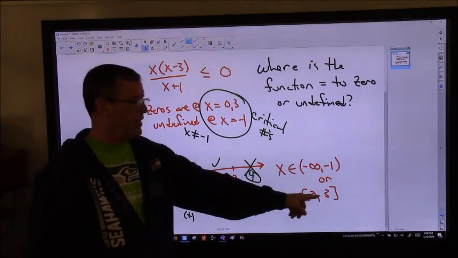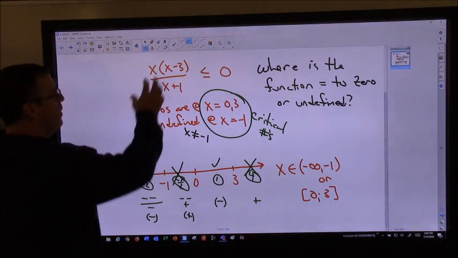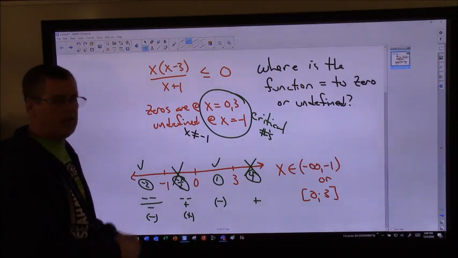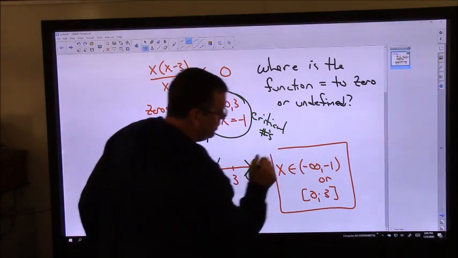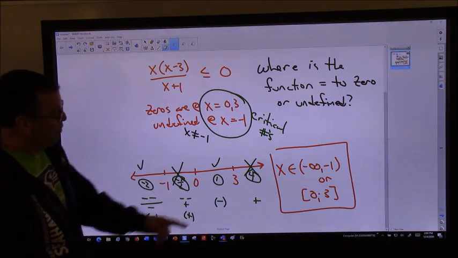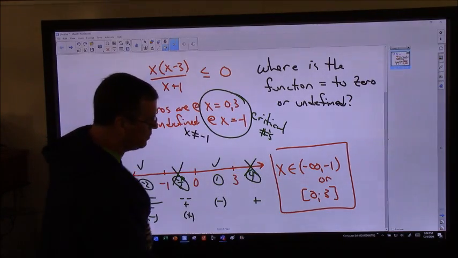If I pick 2.9, I'm going to get a true statement here. I'll plug it in, I'll work it out, I'm going to get some negative number as an answer. That's what we're saying. Okay? There's a lot of numbers you can plug into this equation and make it true. And we're saying that you can pick any x value in this range of numbers or this range.